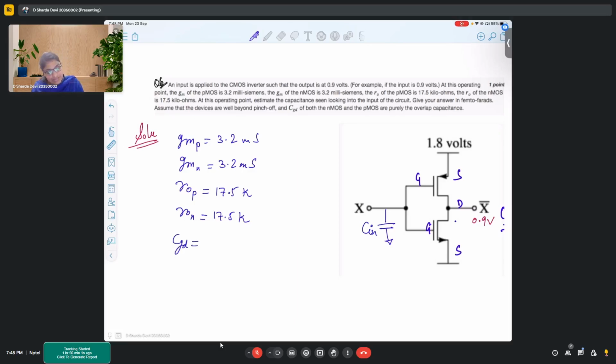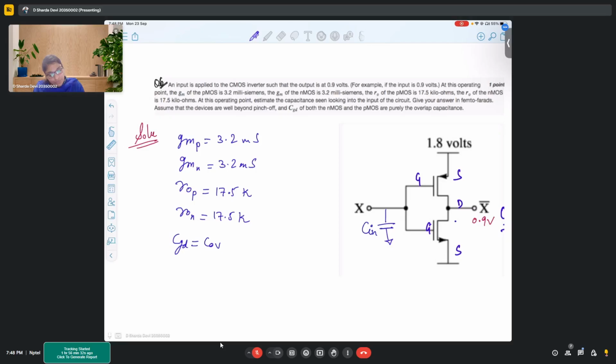So CGD is Cov, and you have to find the input capacitance. Earlier also we found this. So this will be a combination of CGS and CGD, right?